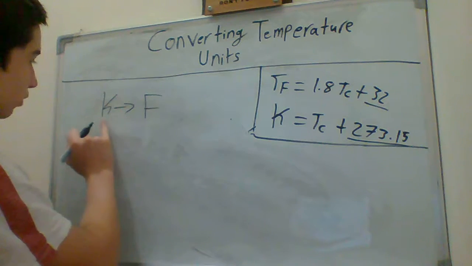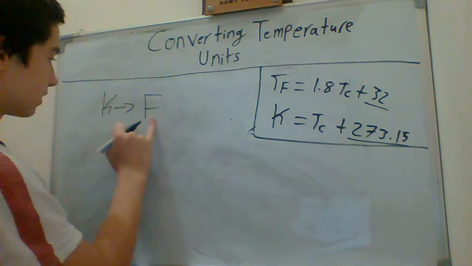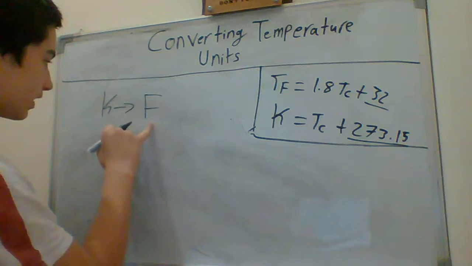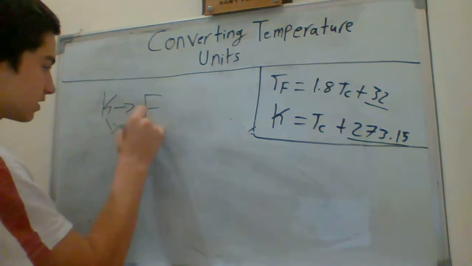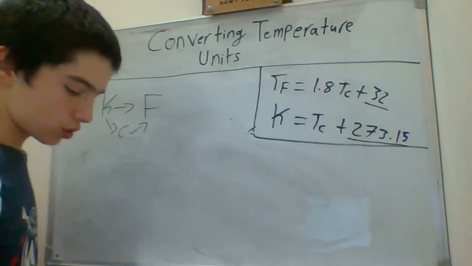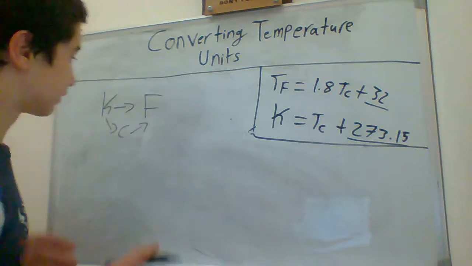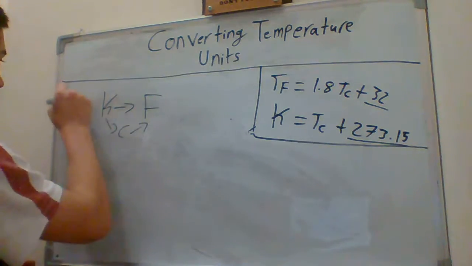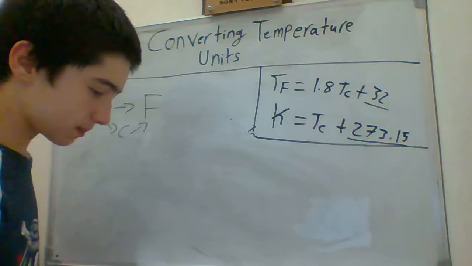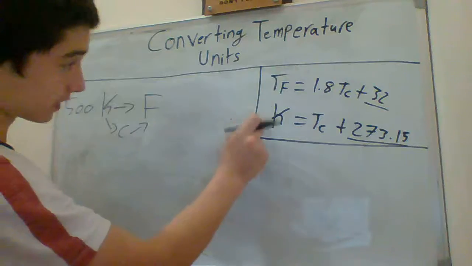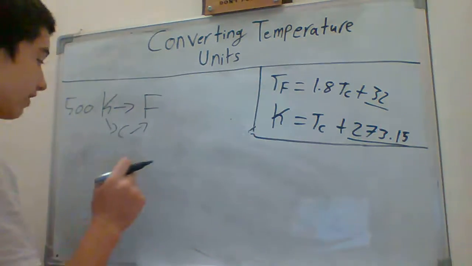How? Instead of going directly from Kelvin to Fahrenheit, we'll go indirectly by turning Kelvin into Celsius and Celsius into Fahrenheit. So let's say we have 500 Kelvin. I want to convert that into Fahrenheit. How will we do that? You're right, we'll start with the equation of Kelvin, then do the TF.